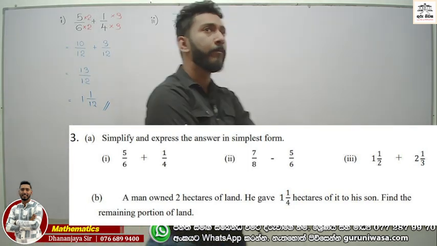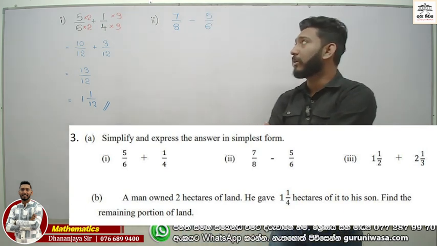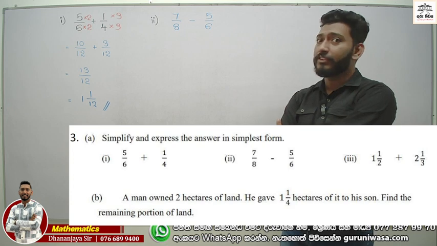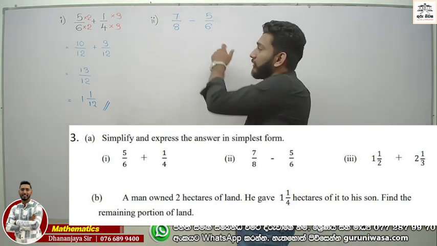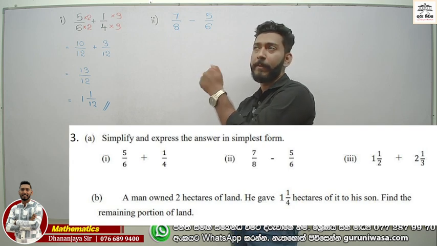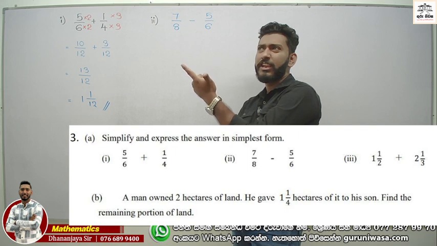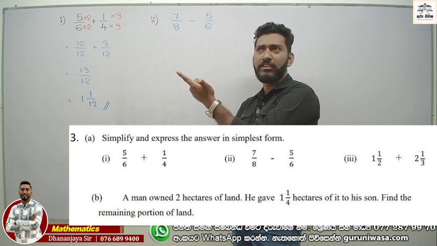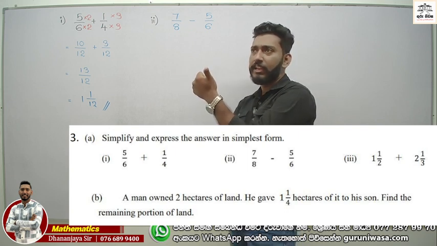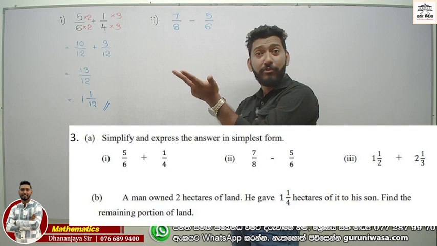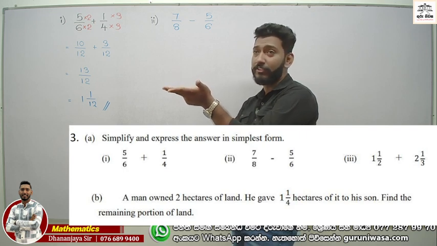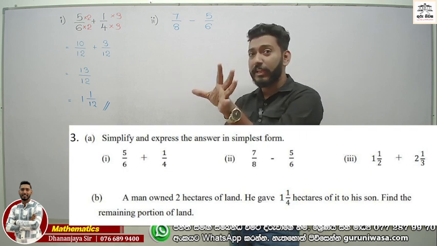Now what to do? 8 is the greatest number. 8 is not divisible by 6. Now check 8 times 2, 16, no. Check 6 times, 8, 16, 24. Yes, 24 we can write as a multiple of 6 also, because 24 is 6 times 4.